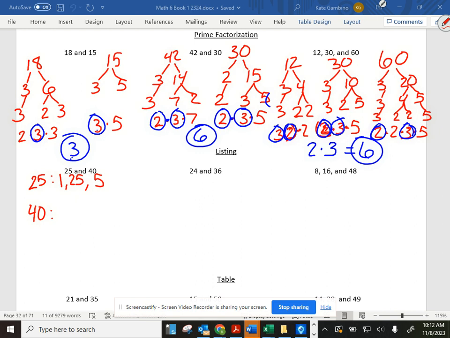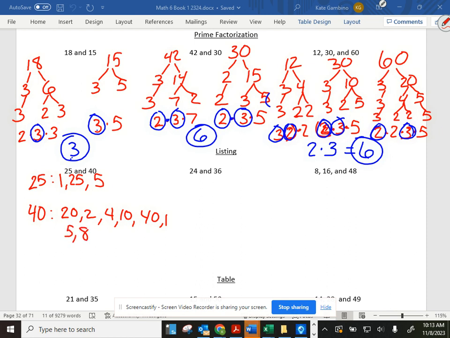Melanie? 20 and 2. Madeline? 4 and 10. Anna Mae? 40 and 1. And there's another one. Hannah? 5 and 8.